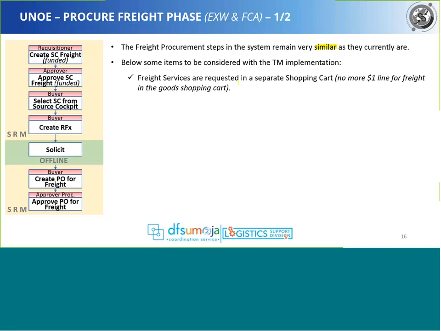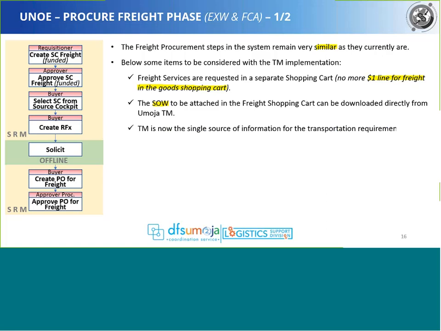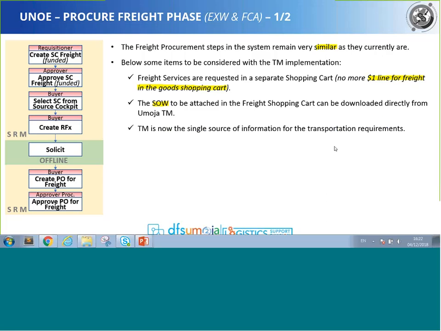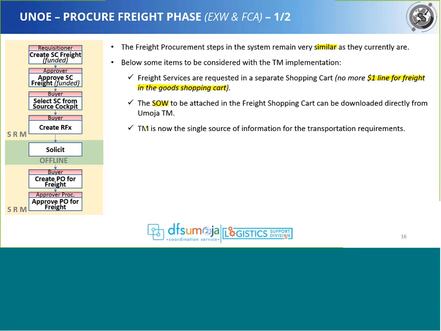Things to be considered, as we said: no more one-line shopping cart, one freight line in the goods shopping cart. Then we have the statement of work document that is generated automatically by the system in TM. And then for the freight procurement, you can always refer to TM for the transportation requirements.